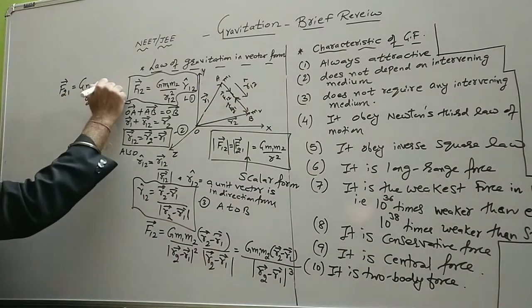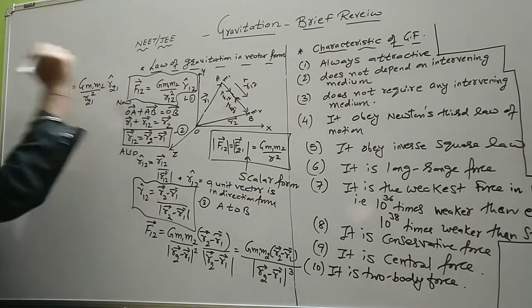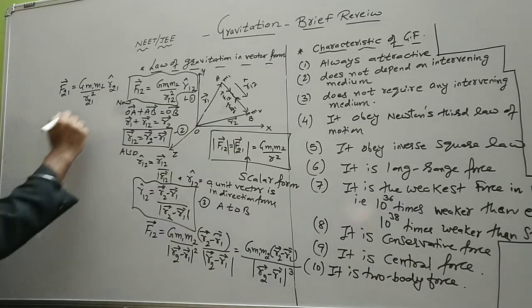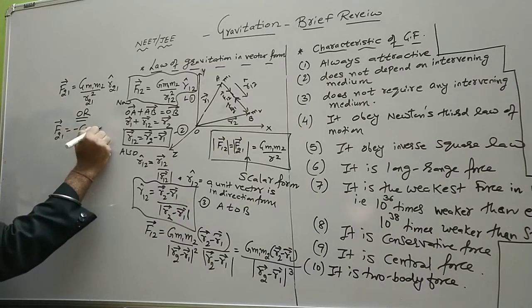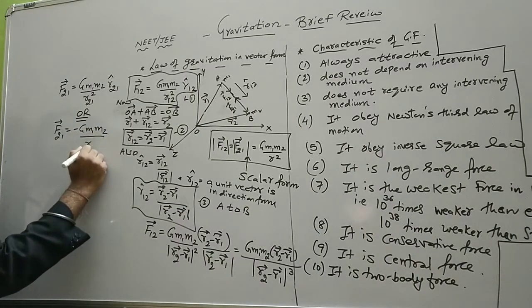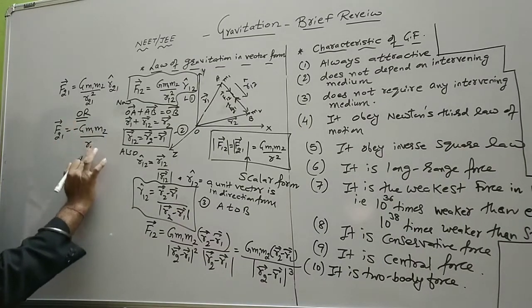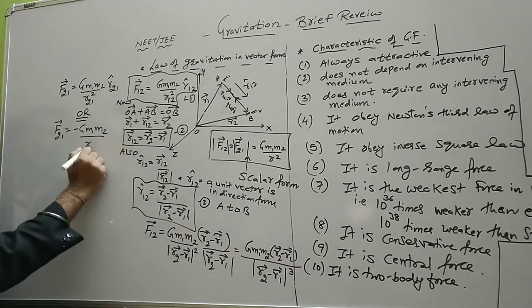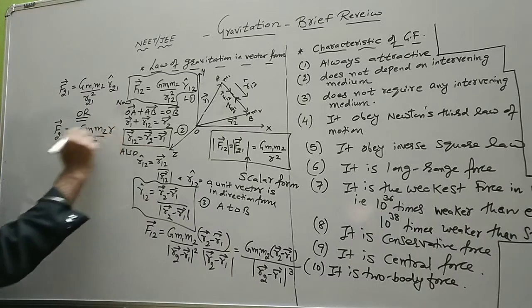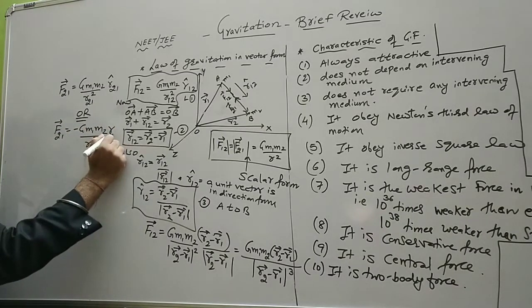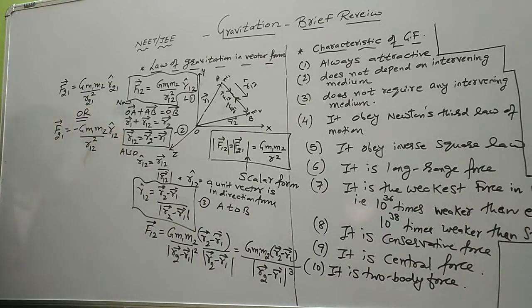So I can write R21 cap, or I can also write F21 is equal to minus G M1 M2 upon R21 or R12. As far as the denominator is concerned, it is in scalar form. So I can write 12 or 21. And here I have written the minus sign. So I will write here R12.